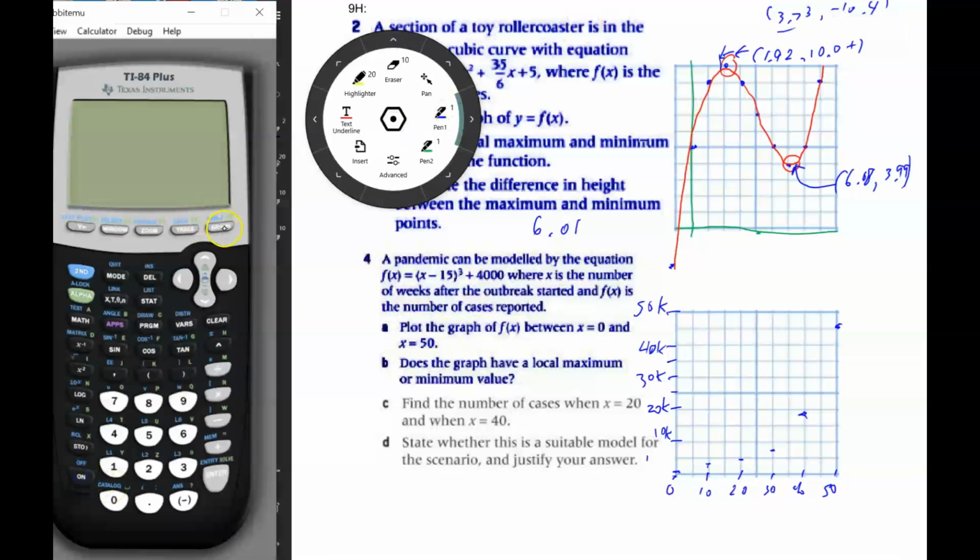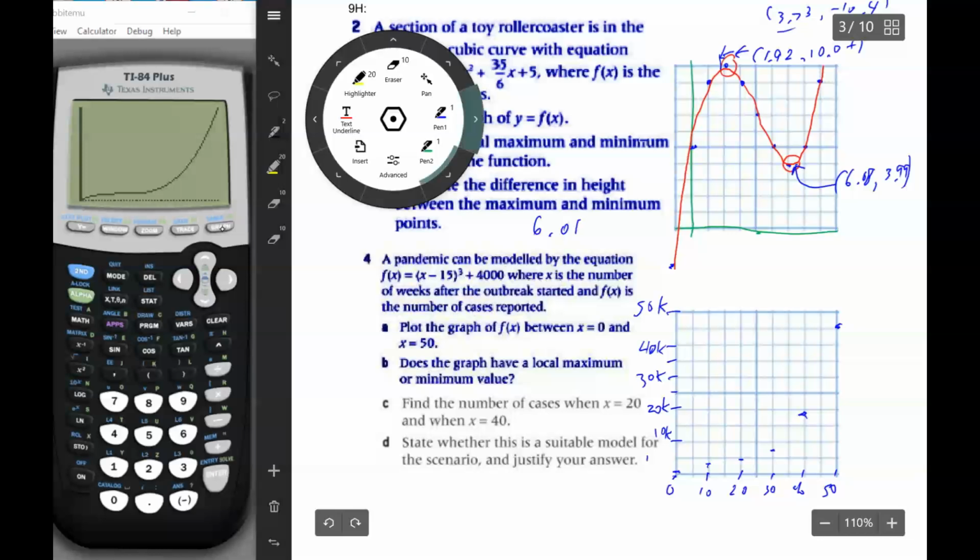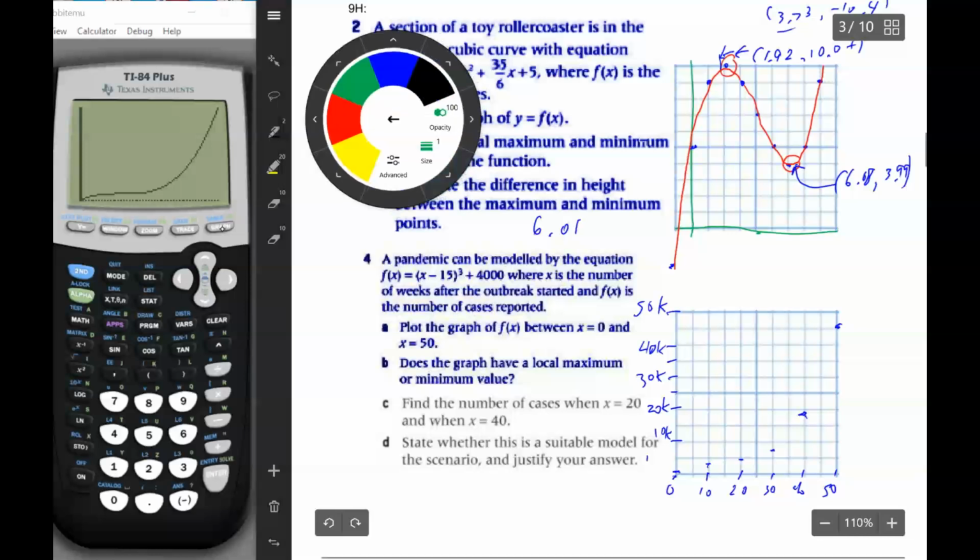So how does that look, again, the graph? It looks like it goes up first. And then it goes, oops.